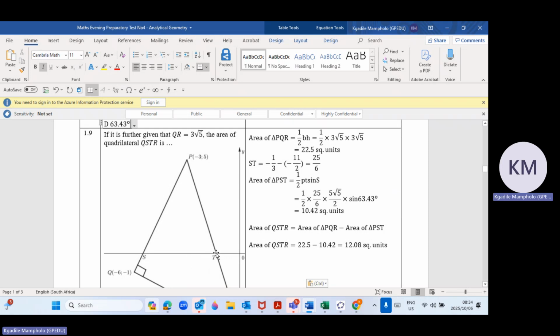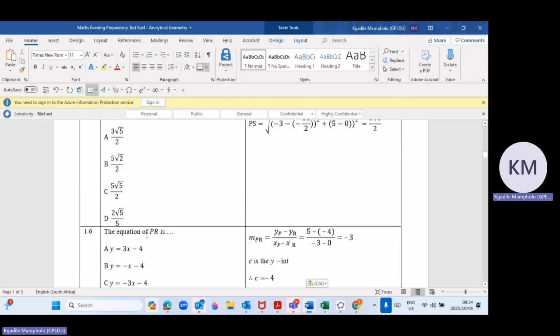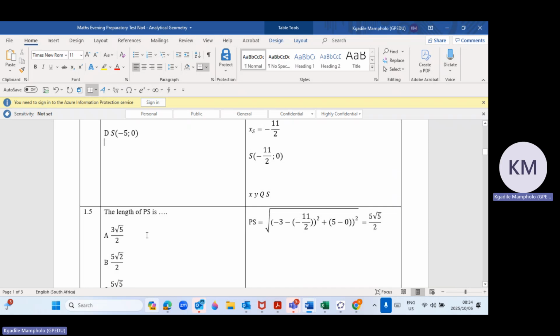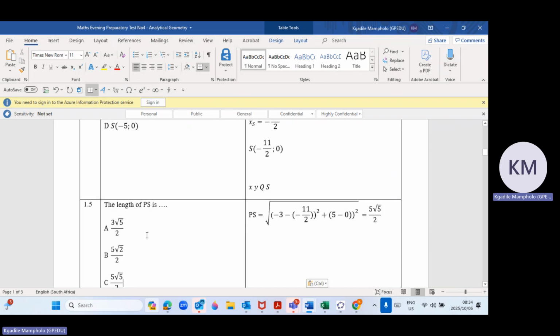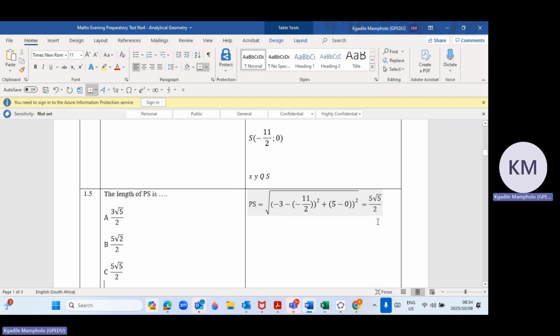So it will be the x coordinate of T minus the x coordinate of S. I remember we calculated PS somewhere here, and we found that it's 5 root 5 over 2.